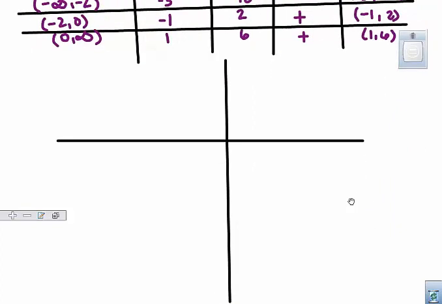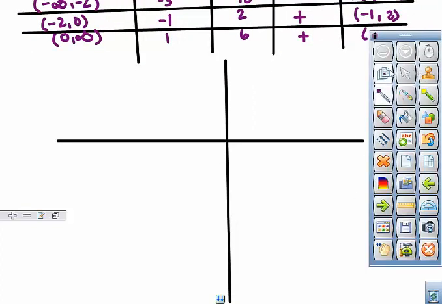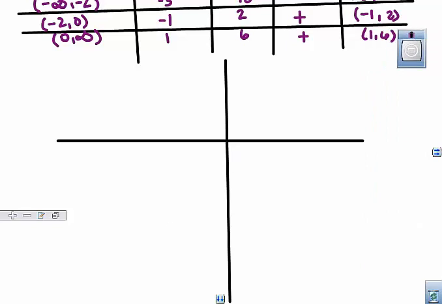So again, I'm going to count by 2's. 2, 4, 6, 8, 10, 12, 14, 16, 18. And these are by 2's. That's a negative. Okay, and I'm going to have to go up to 6. So 2, 4, 6. And my x values, I can just count by 1.